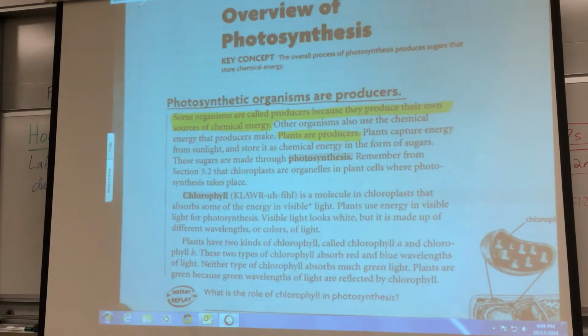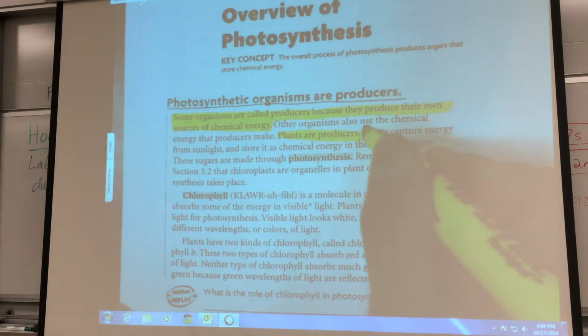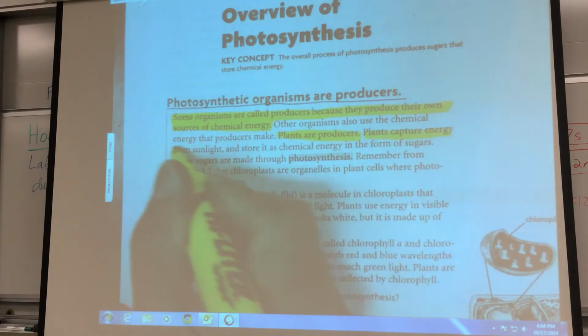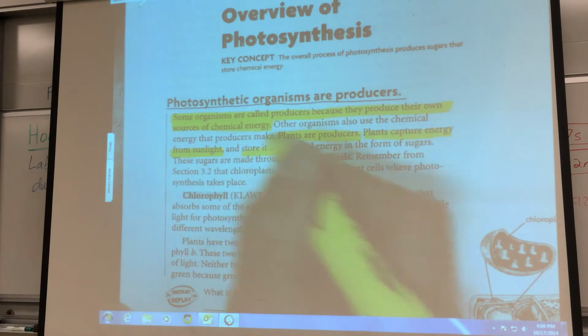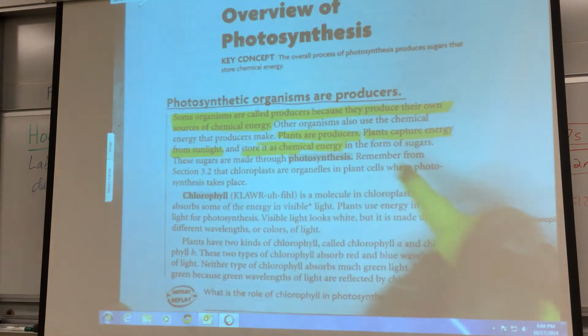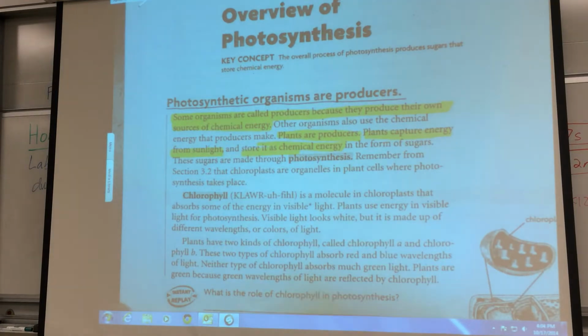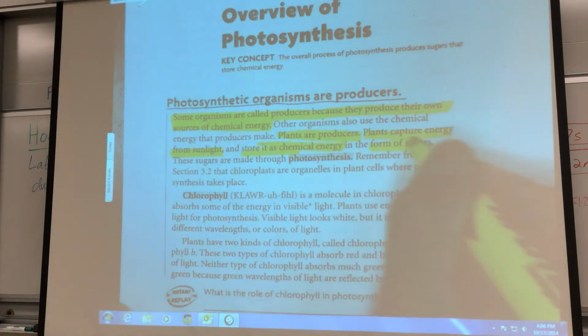So now we know some organisms are called producers, and it just told us that plants are those organisms. Okay, and then it goes on to say plants capture energy from sunlight and store it as chemical energy, and that form of chemical energy is sugars.